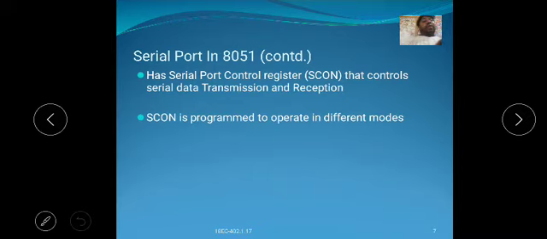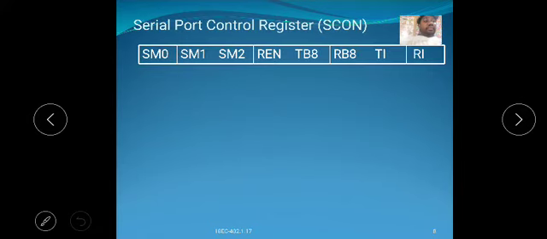SCON is programmed to operate in different modes.